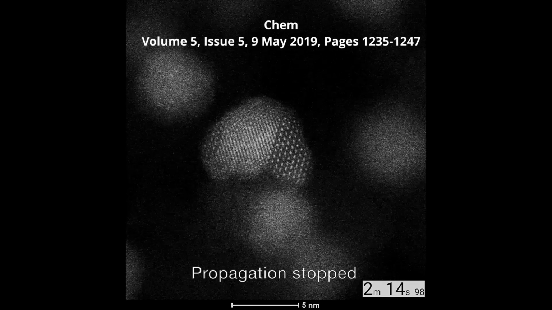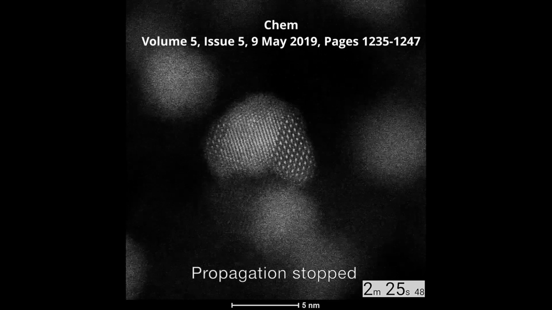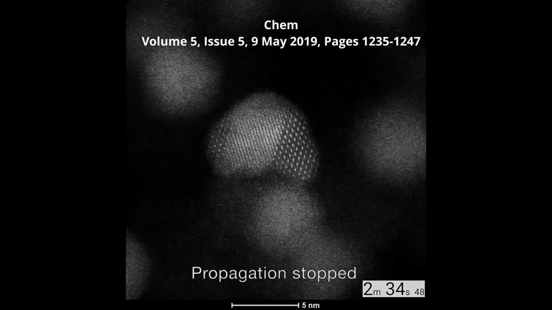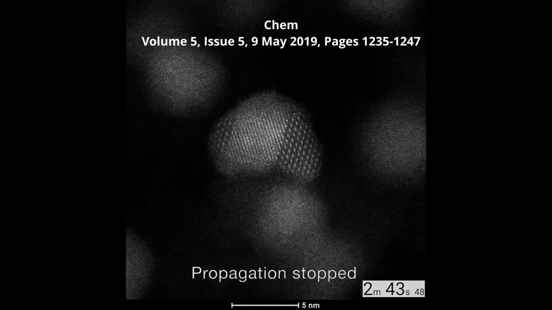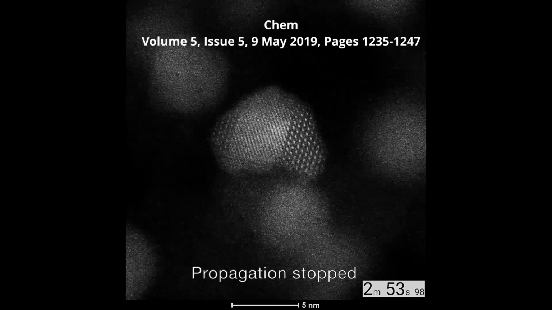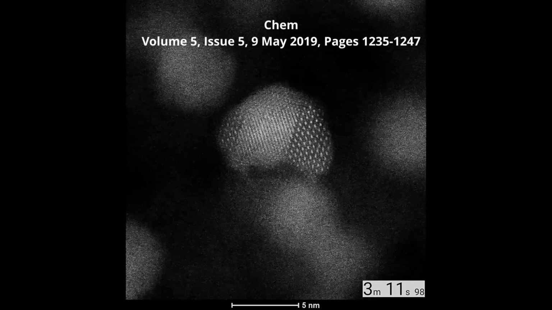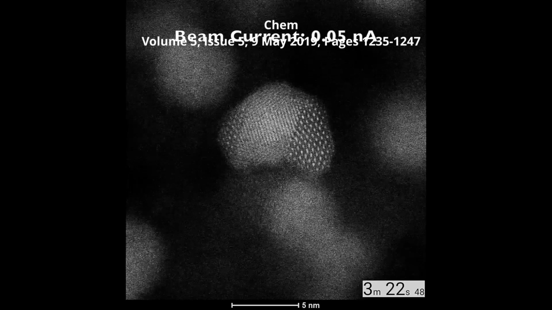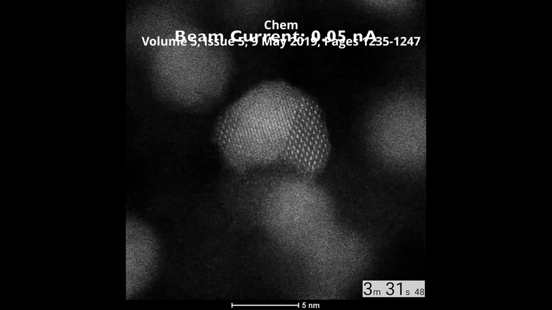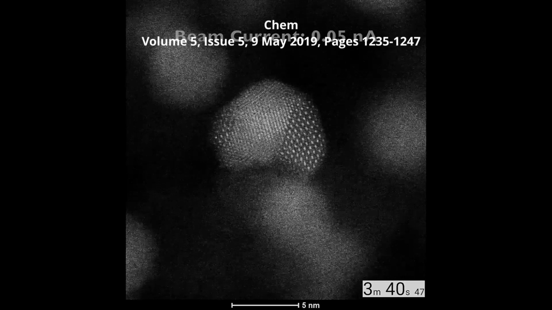Tin is by far the most studied promoter. Tin suppresses hydrogenolysis and isomerization reactions, minimizes metal sintering, neutralizes the acidity of the support, and facilitates the diffusion of coke species from the metal surface to the support.